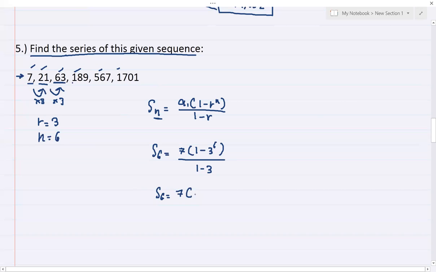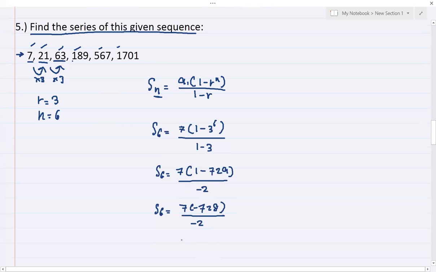So 7 times quantity 1 minus 3 raised to 6 is exactly 729. And here, 1 minus 3 is negative 2. Okay. Now, if you subtract 1 and 729, you will have negative 728 all over negative 2.